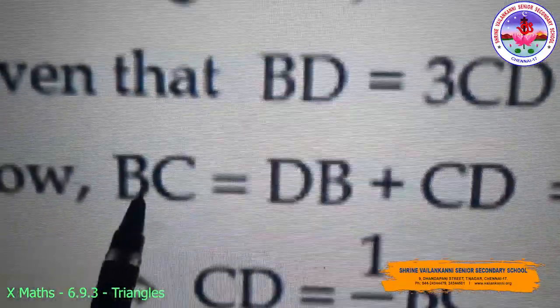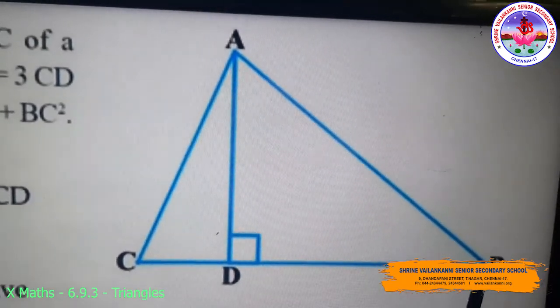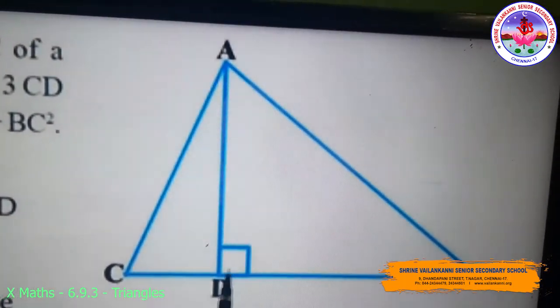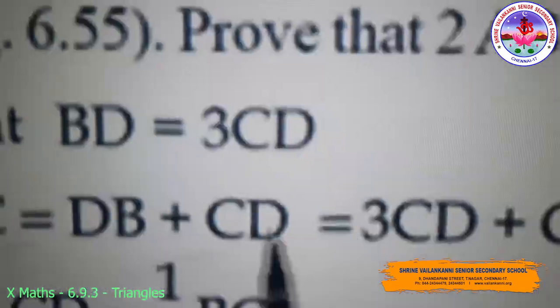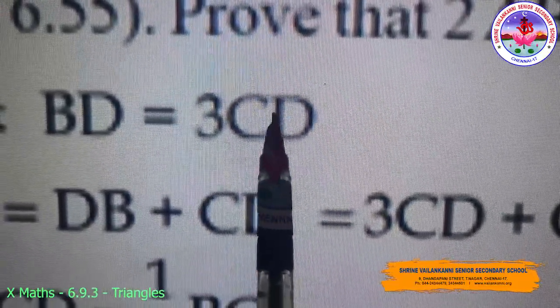Now I am going to take BC, where BC can be written as DB plus CD. I will show this in the figure. BC is equal to BD plus CD. In the problem BD is given as 3 times CD.